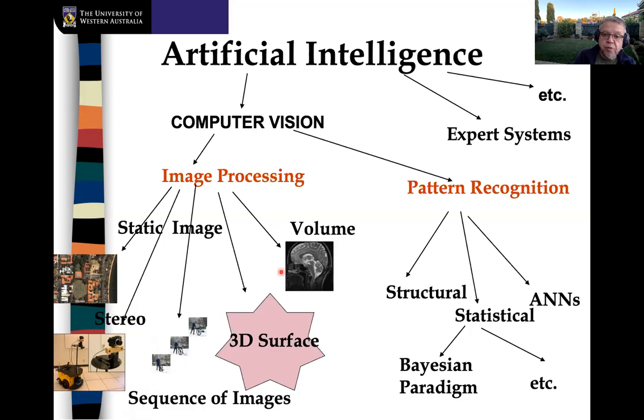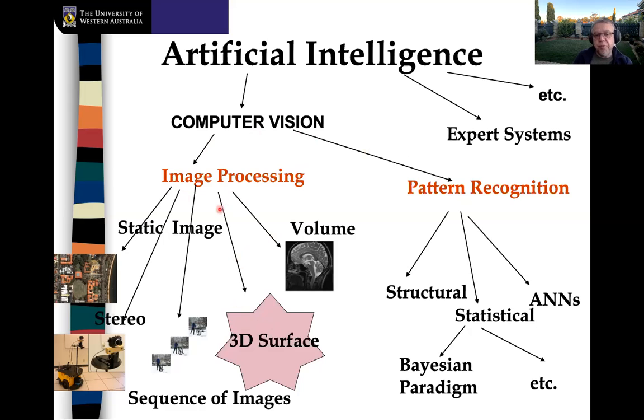As I said, you can also process volume images for CT and MRI for medical applications. Our contribution has been extensive in the area of 3D surface imaging. I can illustrate that later maybe.